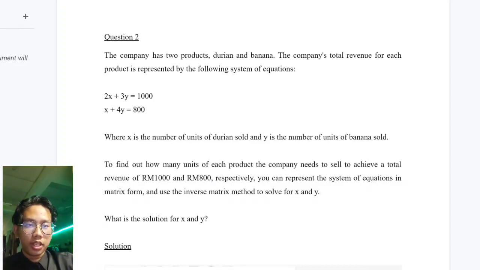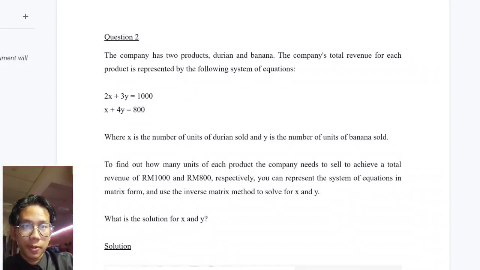To find out how many units of each product the company needs to sell, you can represent the system of equations in matrix form and use the inverse matrix method to solve for x and y. What is the solution of x and y?